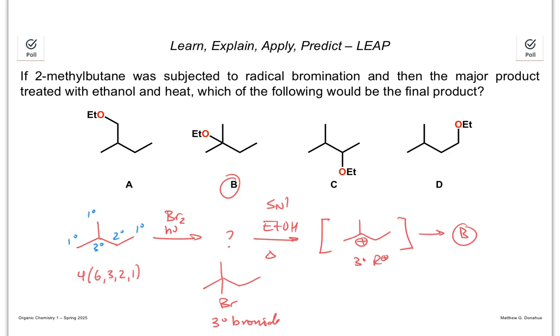So ultimately, you go from an alkane to a haloalkane, and now to an ether. And due to all the constraints we've learned, even though you're starting with four different sets of hydrogen, you can specifically substitute at one of them.